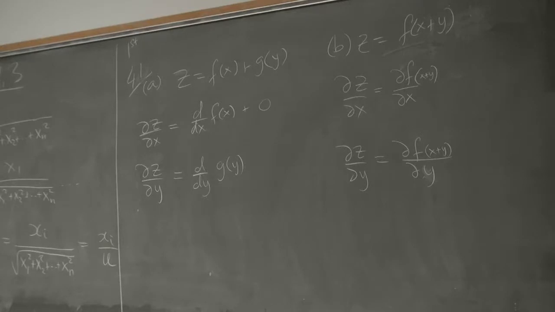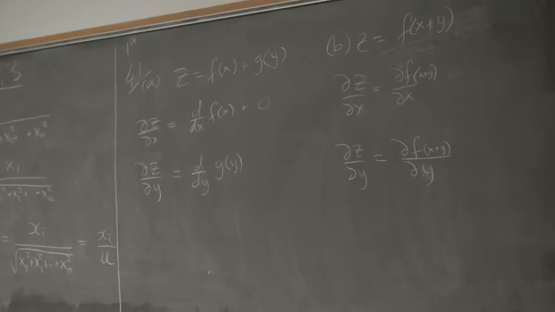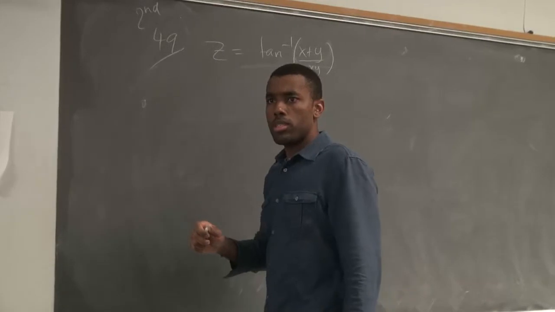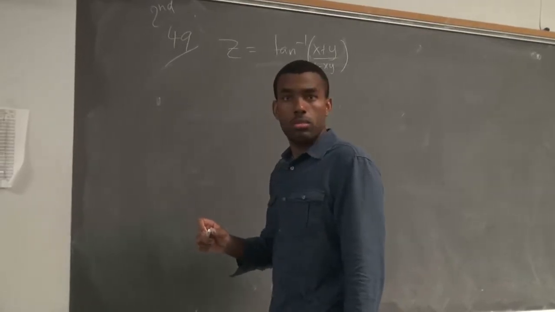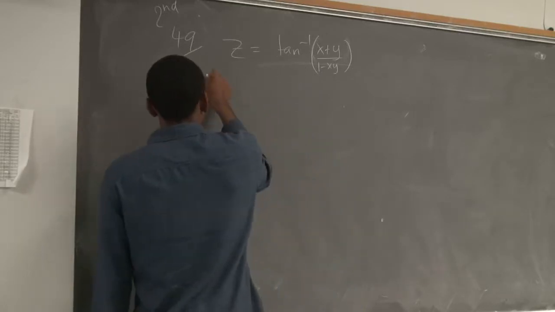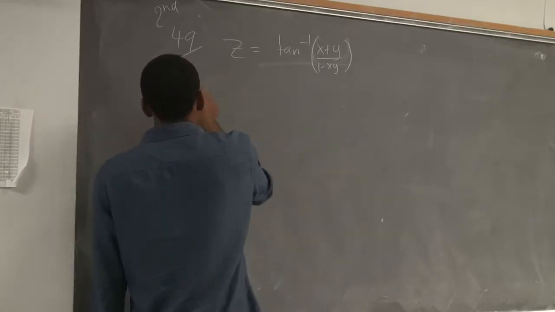Inside the angle, x plus y over 1 minus xy. All of that like this? Yes. We have to find all the second partials. It says find all second partials. Okay.